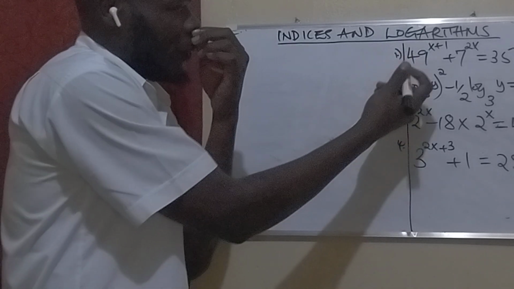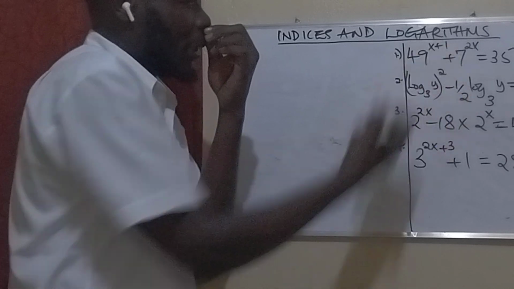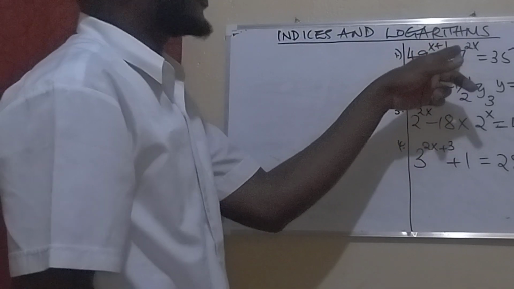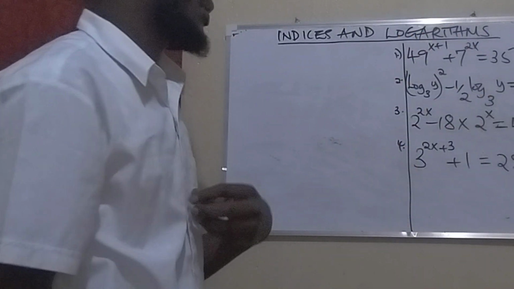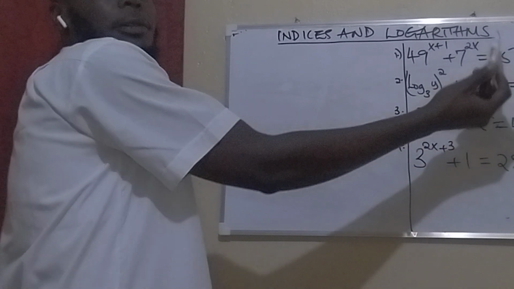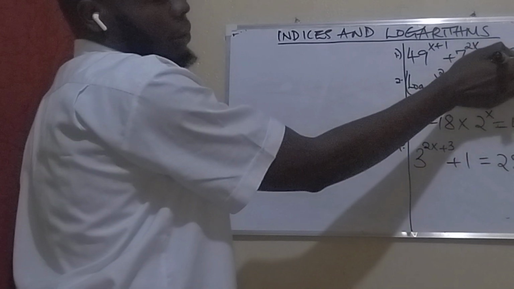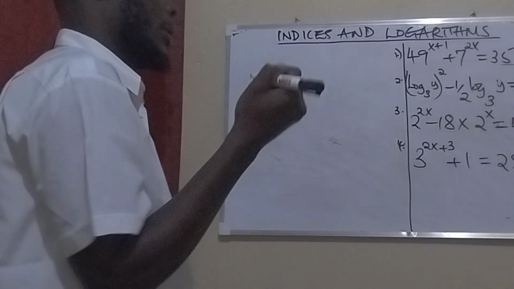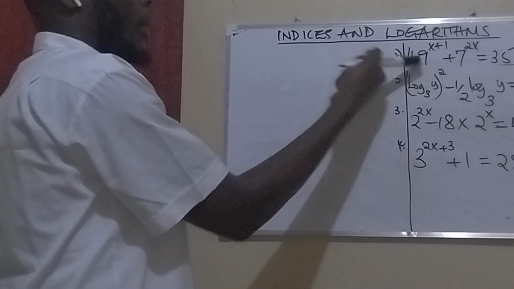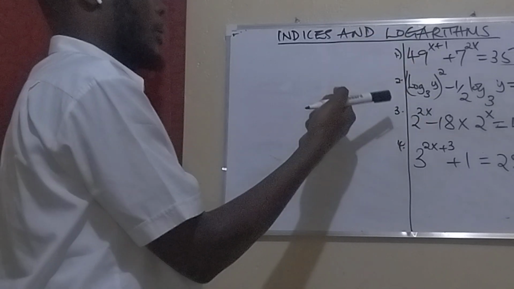So like here we have 49 raised to power x plus 1 plus 7 raised to power 2x is equal to 350. We realize that 350 you cannot write to base 7. But 49 you can write to base 7.